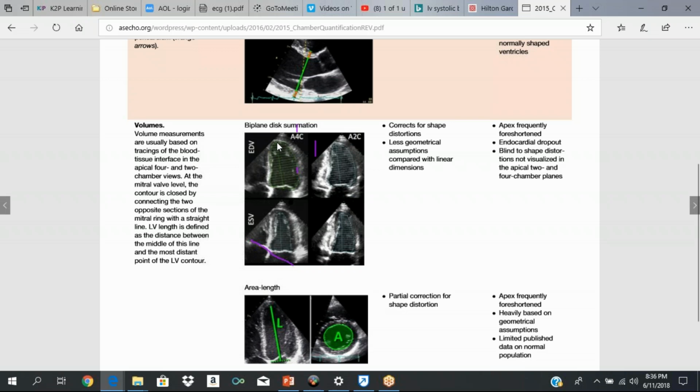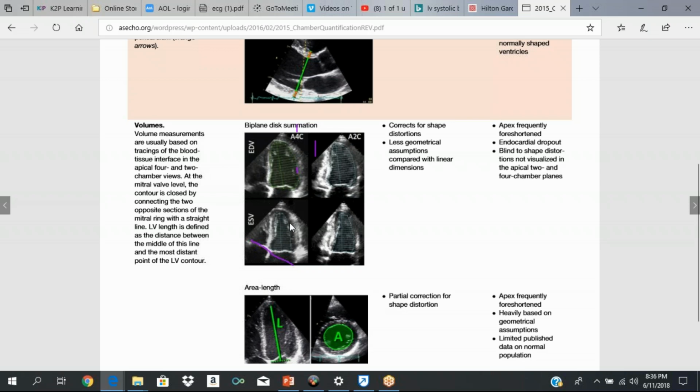Mathematically, it calculates the volume for each disc and then integrates them. So it is the biplane method of disks, or disk summation. All you have to do is trace the endocardial border in diastole, and then in systole, you do the same thing.